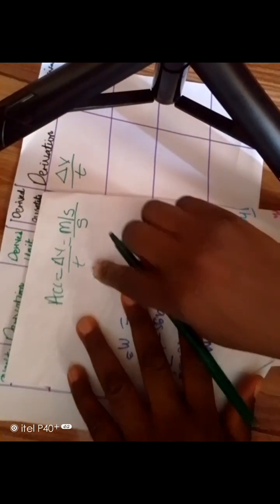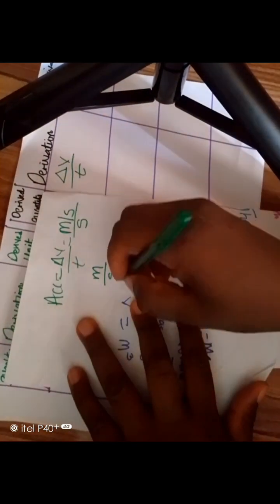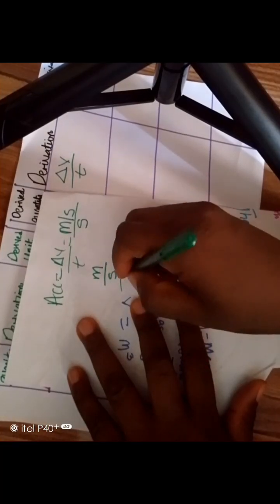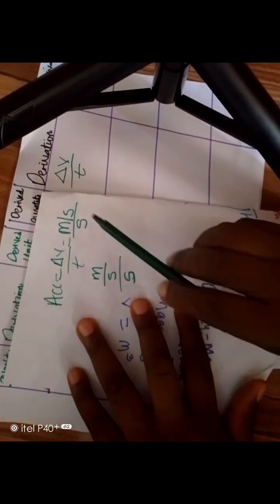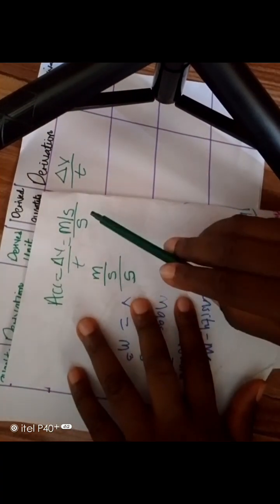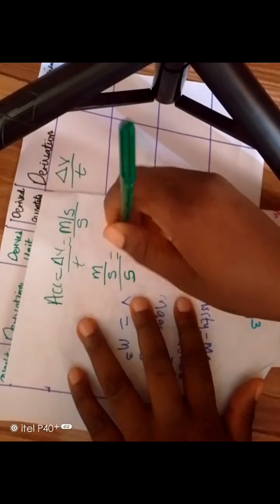If m over s is the velocity, then they now brought s, which is over time. Yes, you see, m over s is this, and this s is s. So what do we do? Simple arithmetic.